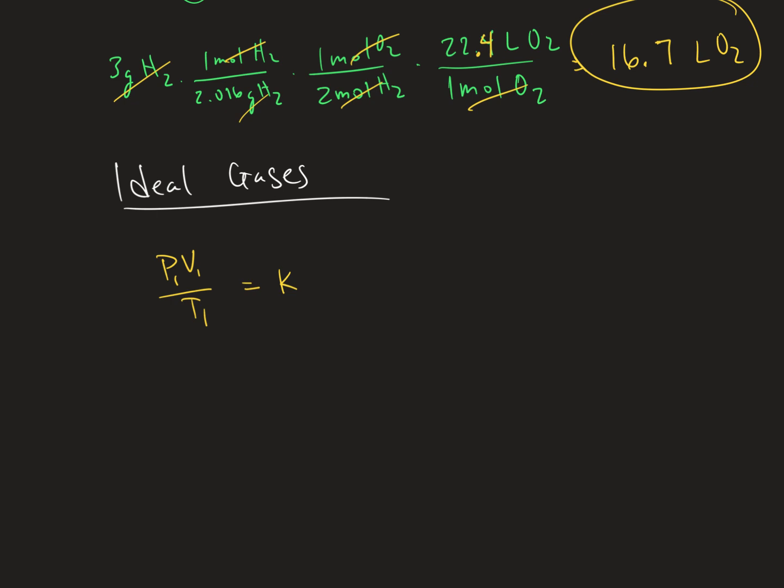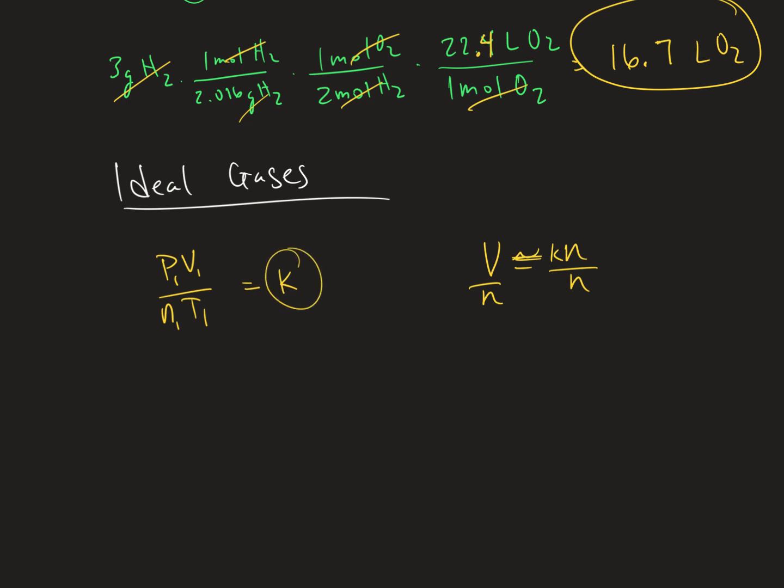But we also had that volume is proportional to the number of moles. So if we divide by the number of moles and put a K right there, then we should get N1 right there, shouldn't we? Because that's also a constant. You understand that?